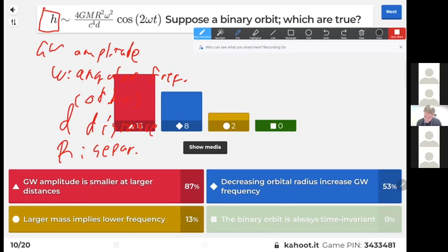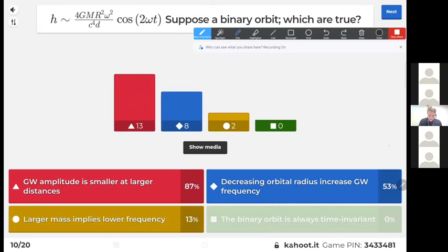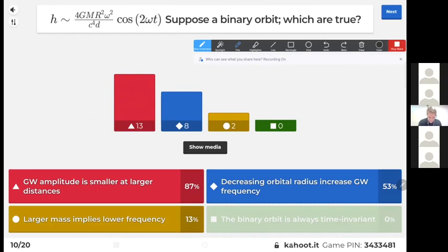Okay, so there are 13 people that think that the gravitational wave amplitude is smaller at larger distances. There is nobody that thinks that the orbit is always time invariant. And there are some people that believe larger mass implies lower frequency.